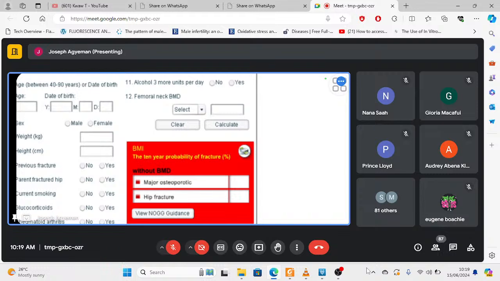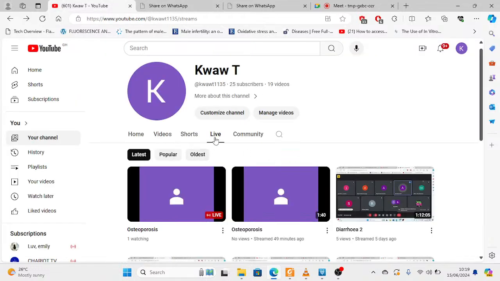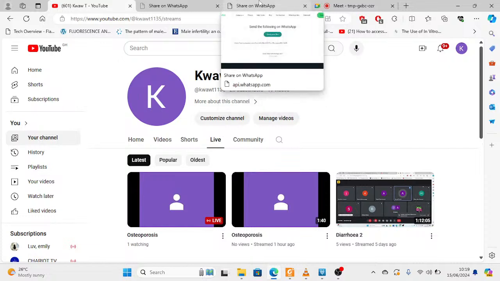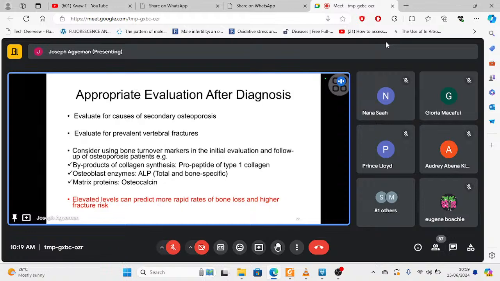And once it goes below the level that they need, they say that you have a high risk. So normally it gives you the percentage. So your 10 year risk of having fractures, if it's normally 20% or more, then it means that you are in trouble. You stand a high chance of getting osteoporotic fractures.